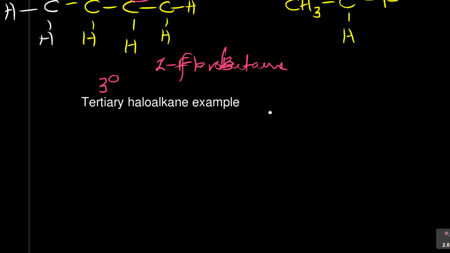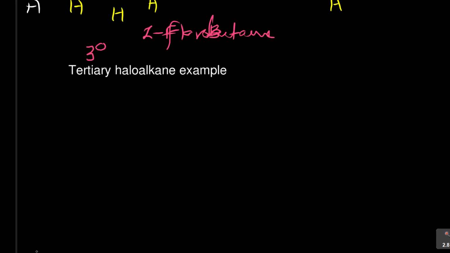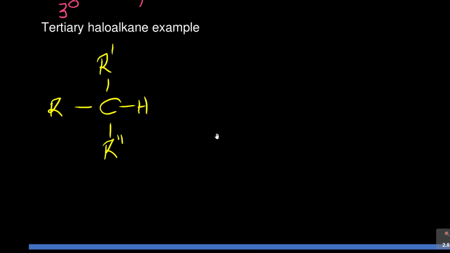Now let's come to the tertiary. The tertiary is like this one, whereby you have your carbon here. Okay, let's start here. I've got my first R, my second R, my third R with an H. It's more like this. So if I draw the tertiary one, it will be more like this.